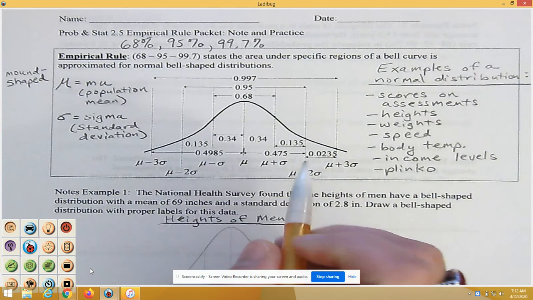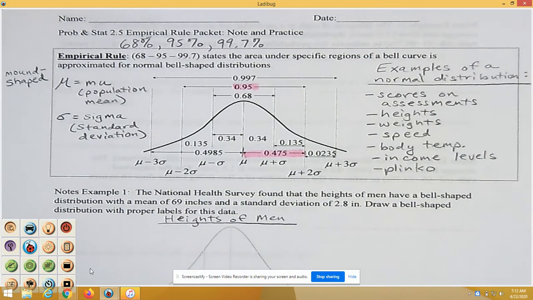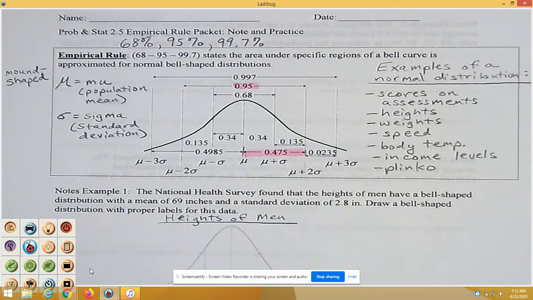And then all that they're doing is they are subtracting the 47.5. So they're going from here to here to get 95%. Okay. And as they're looking there, if you subtract 0.34, you're going to get the 0.135. So this is the extra.